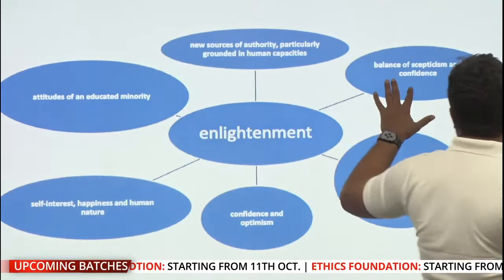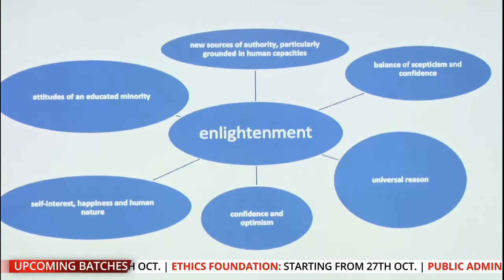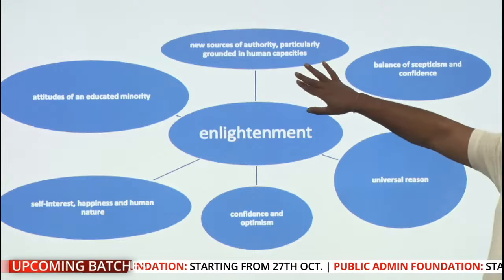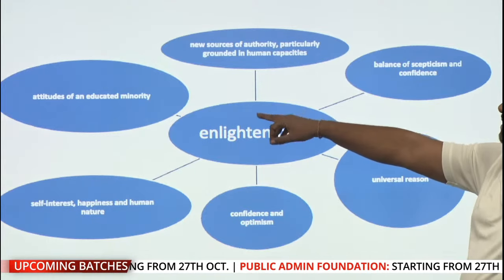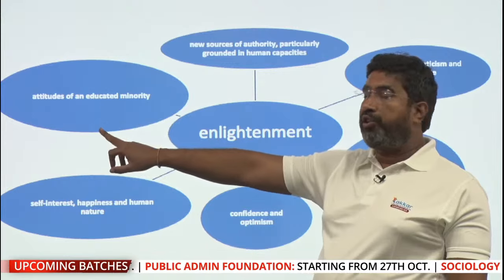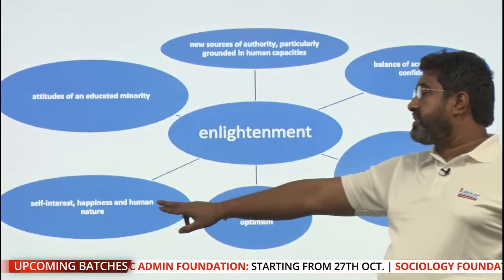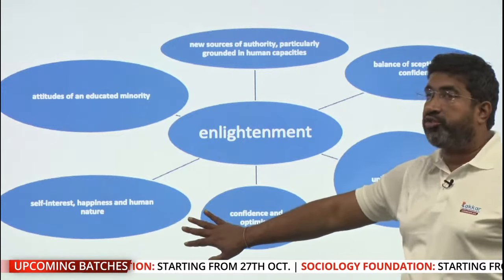And you see, balance of skepticism and confidence: Condorcet, though he was for progress, was skeptical about it. Universal vision; new source of authority particularly grounded in human capacity, democratic modernization; attitude of an educated minority, the role of the intellectual thinker; self-interest, happiness and human nature. We have various schools about it. Humanism was one of the schools.